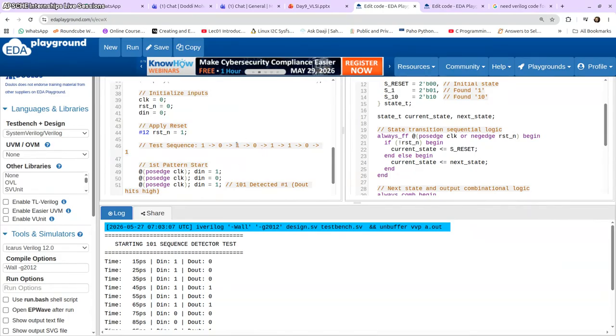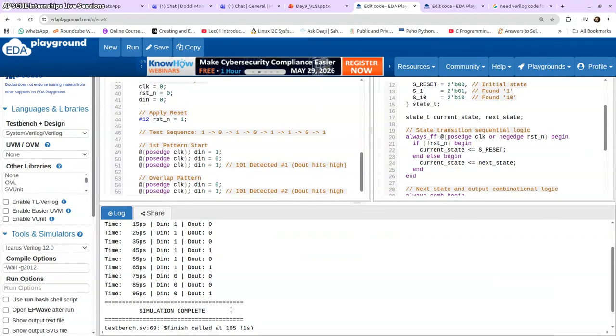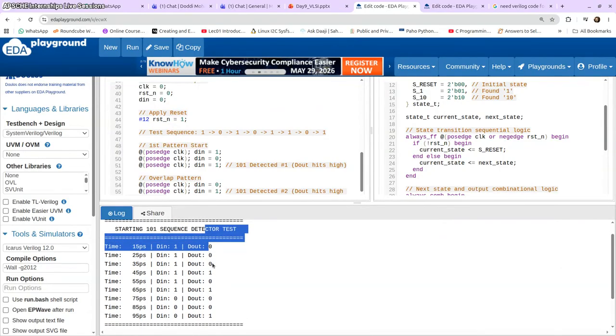Then again there is an overlap, so you are getting data as an output, and then when it moves to the last, I think there was a one, I'm not able to put it over here. The last sequence, it went and detected. For all other things, it put 0. Okay, so that we can go and use.